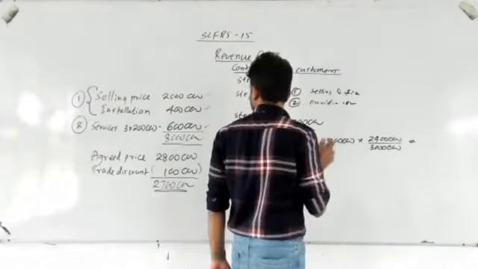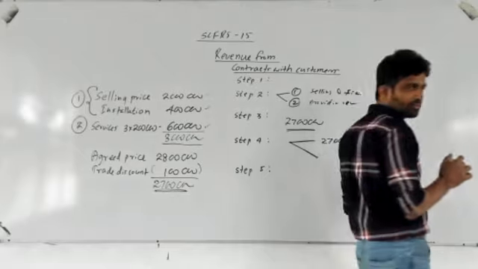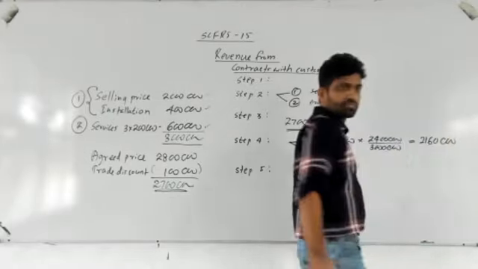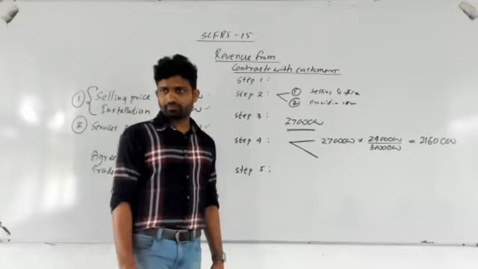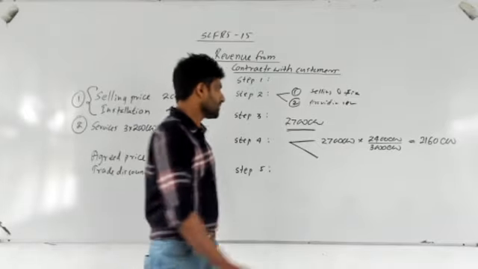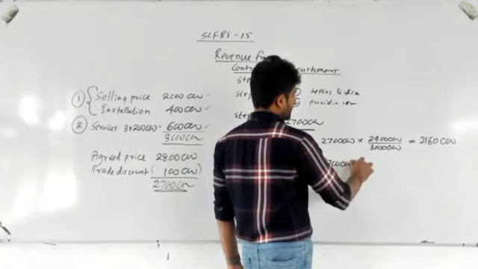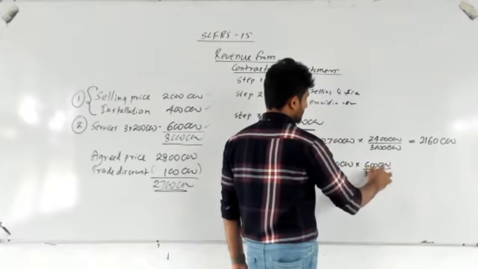That is how much? 160. This is the income of selling and fixing. For the next part, this multiplied by 600,000 divided by 3 million.